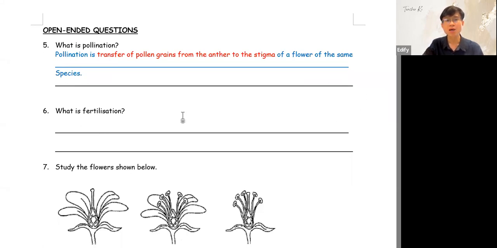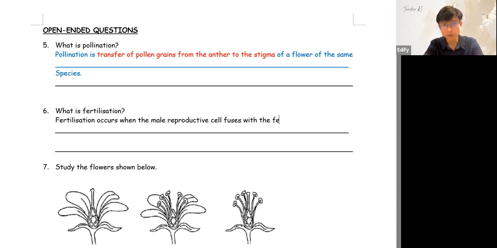Okay, and so what is fertilization? Fertilization occurs when the male reproductive cell fuses with the female reproductive cell.